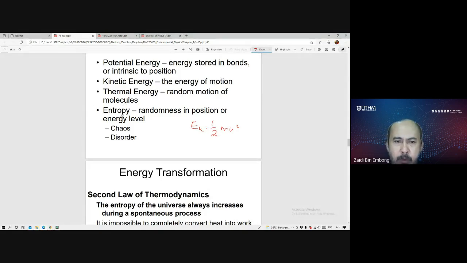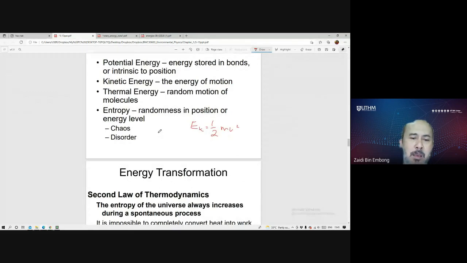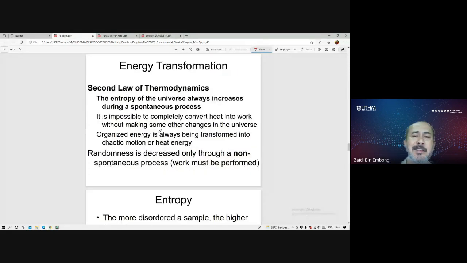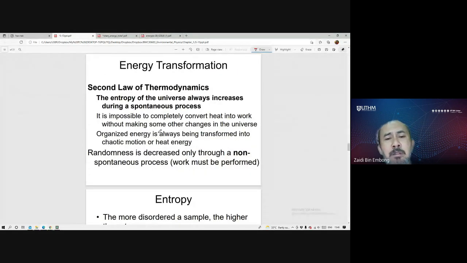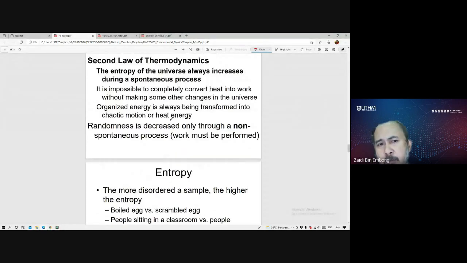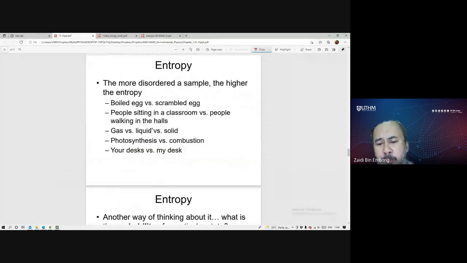Entropy, another word we have is entropy. Entropy is the randomness in the position of the energy level. This is with respect to what we call the thermodynamic law. If we look at the second law of thermodynamics, we will focus on entropy. So you can have a look later at what the definition of entropy is all about.